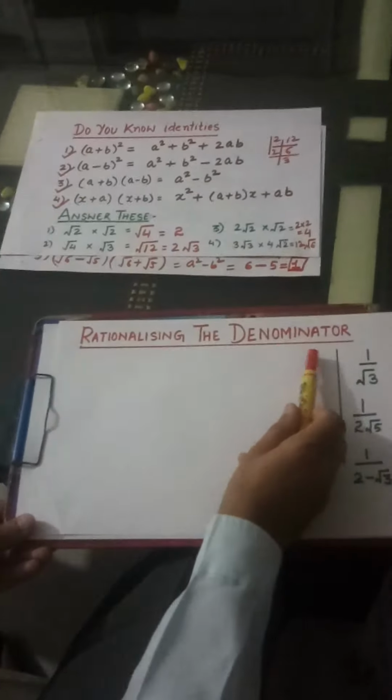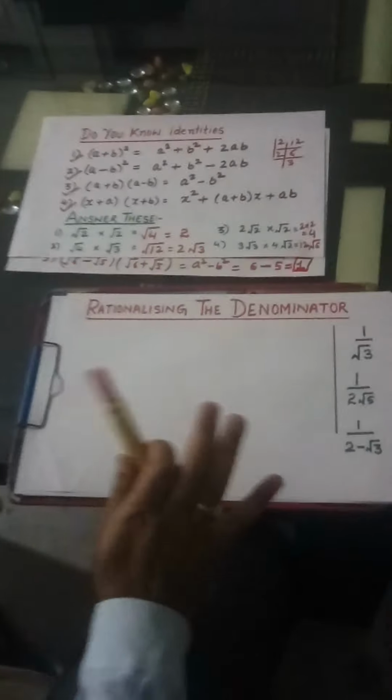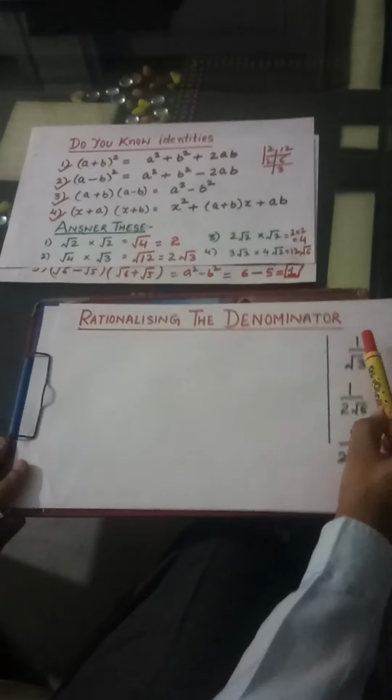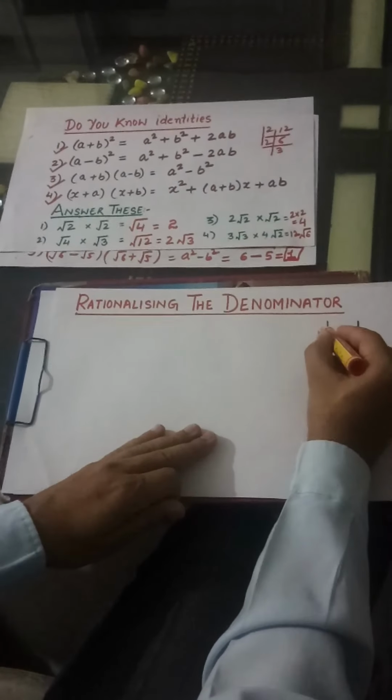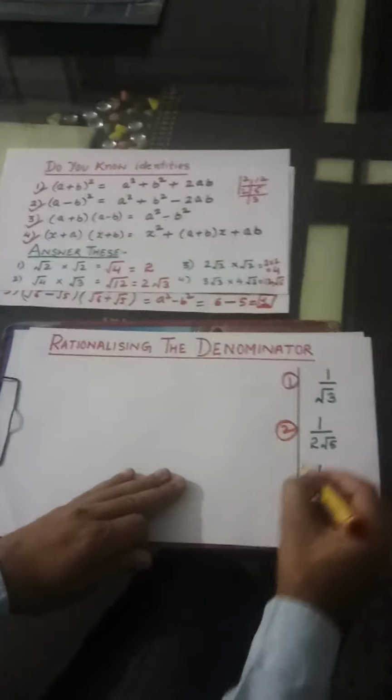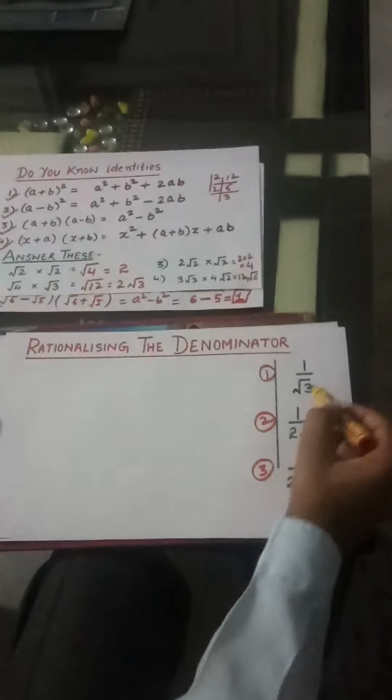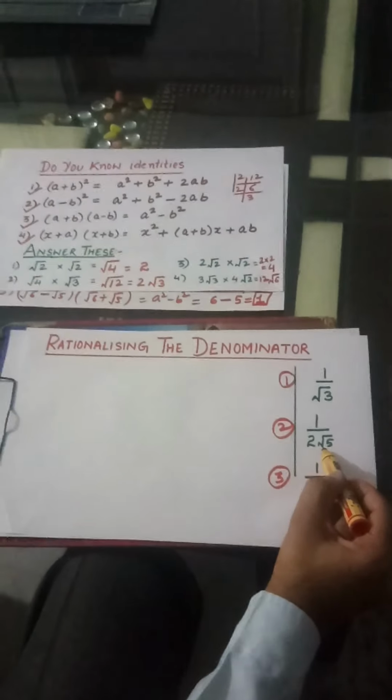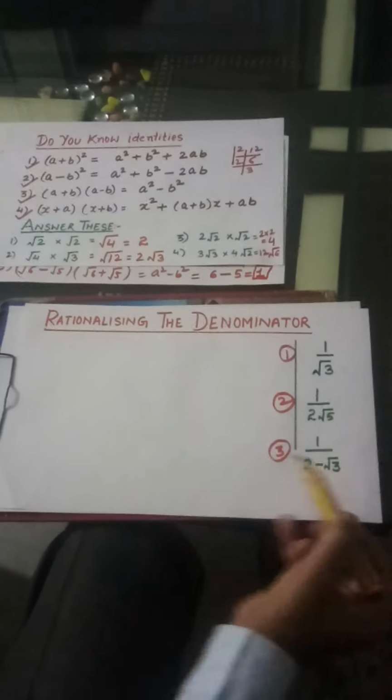So this is the main topic for today. How do we rationalize the denominator? Children, the simple concept in that is, for example, if you see all these three examples here, 1, 2, 3, can you see here? In the denominator, there is under root. In the denominator, there is under root. In the denominator, there is under root.